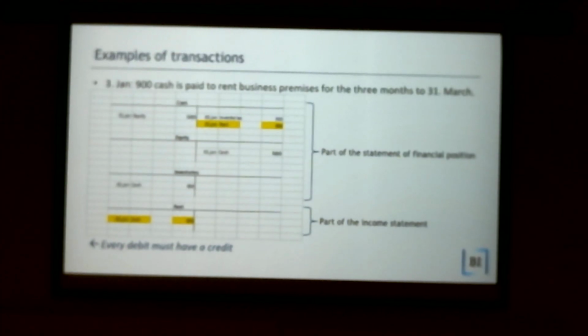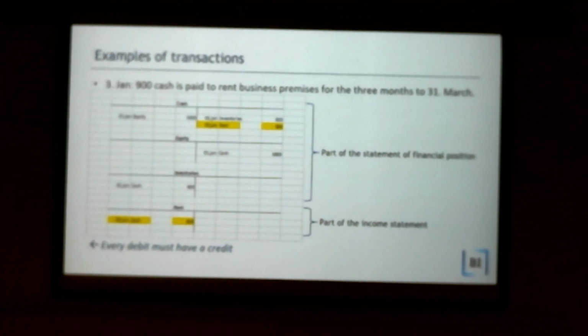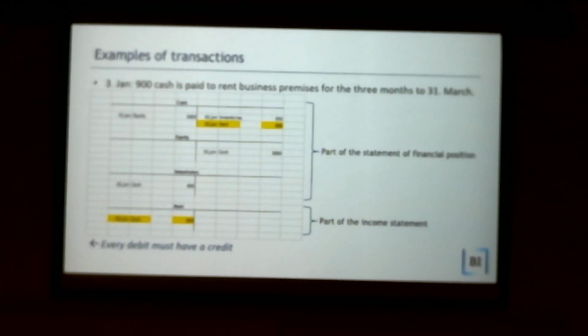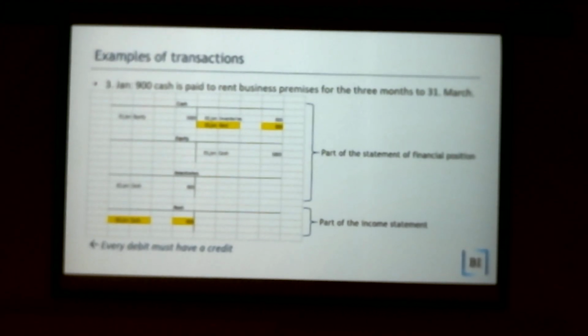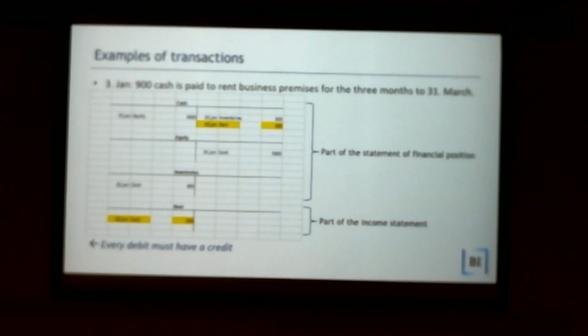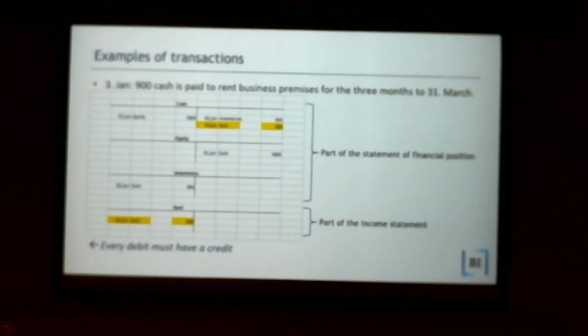Then, next transaction here, 900 cash is paid to rent business premises for the month, for 3 months, sorry. So, yeah, what happens? Cash goes down, that's relatively clear, but rent, that's something where we need to open a new account. We didn't have this before, and there we make this note, cash 900 on the debit side. Yeah, so everything is in line.